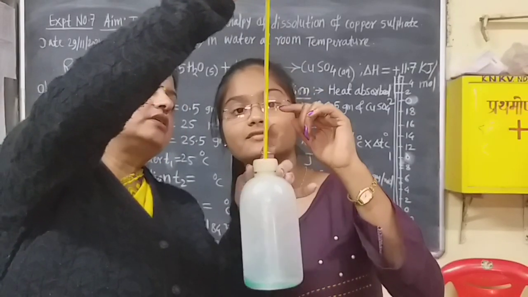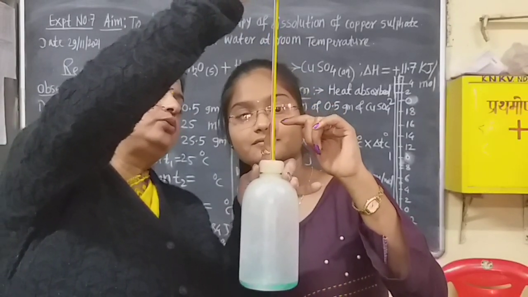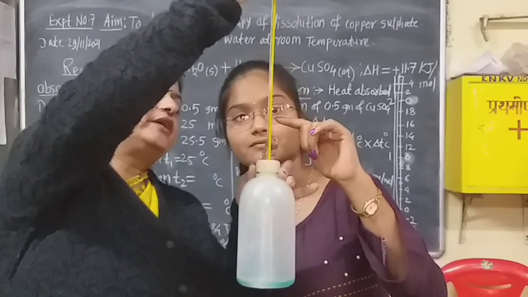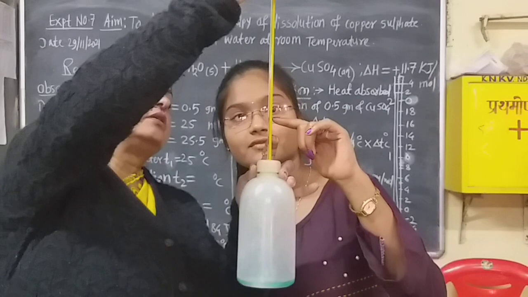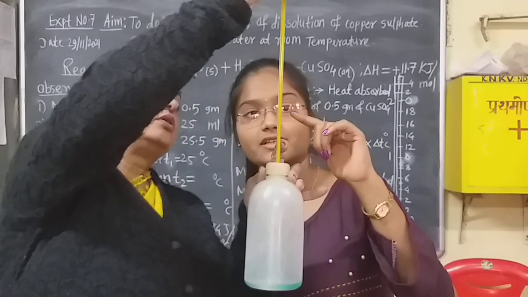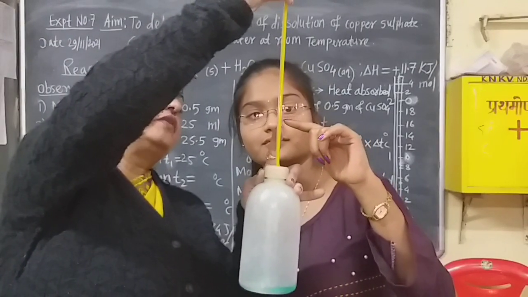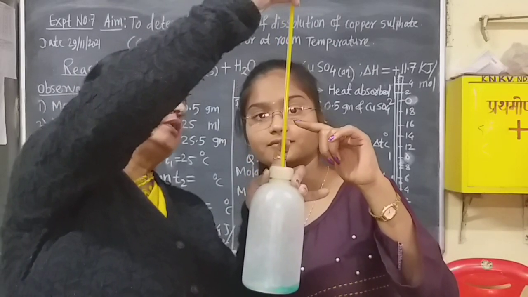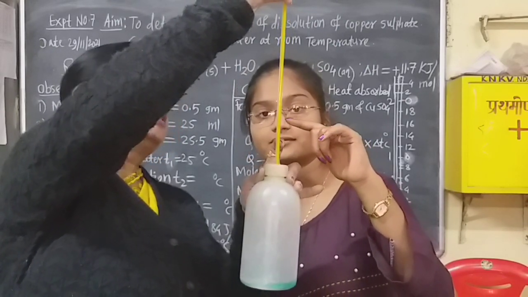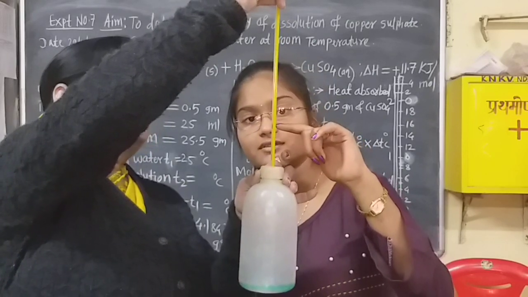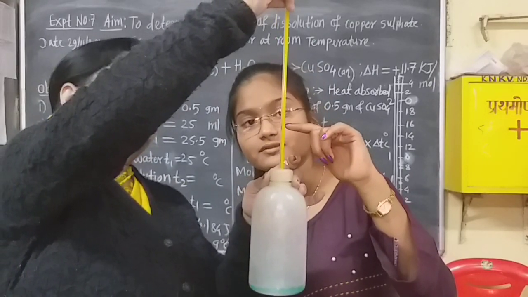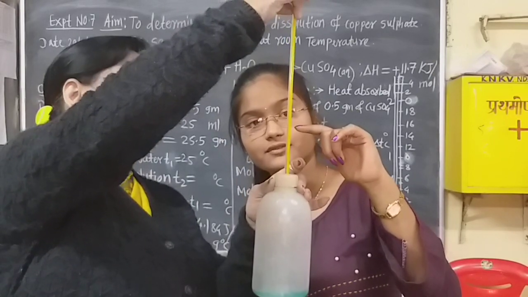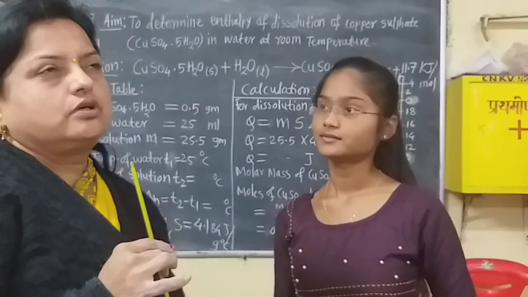This is the 20 line, 2 and 0. Can you see 2 and 0? So about 20 means in between 20 and 22. Where is the temperature then? Above the 20, how many small lines are there? 5 lines, up to 5 lines. Okay. That means 2.